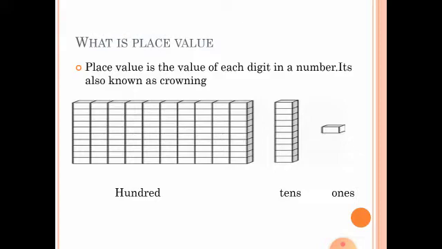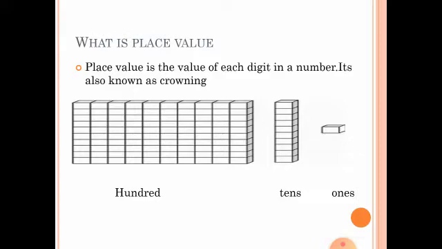Now here you can see a picture. In this picture you have different blocks. On the right hand side you can see a single block that represents ones. In the middle you can see a row of 10 blocks.